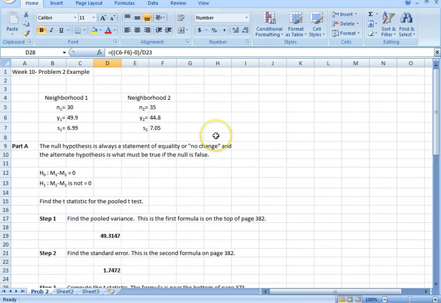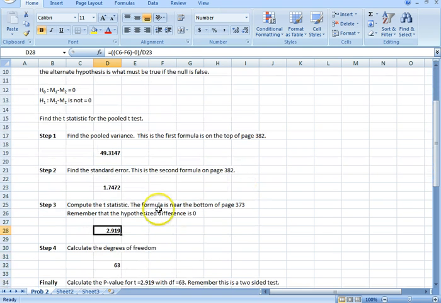So we're taking the difference between the sample means, C6 minus F6, minus 0, the hypothesized difference that we have here, and then we're going to divide that by D23, our standard error that we just calculated, and we get our t-stat at 2.919.